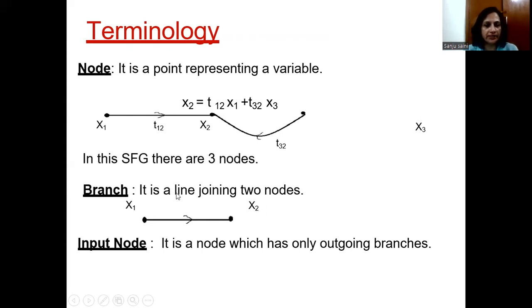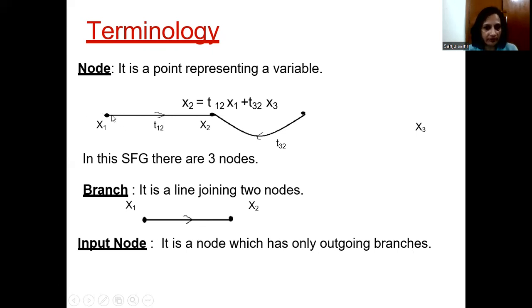Then branch, it is a line joining two nodes. So a line that is joining x1 to x2 is called a branch. The direction of the arrow on the branch represents the direction of the flow of the signal. Then input node, it is a node which has only outgoing branches.